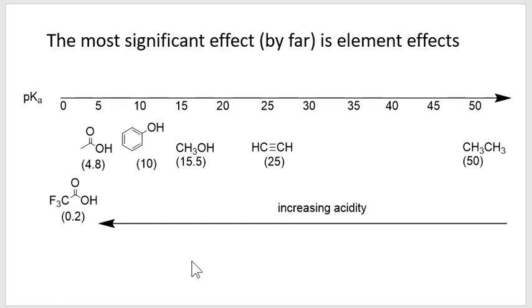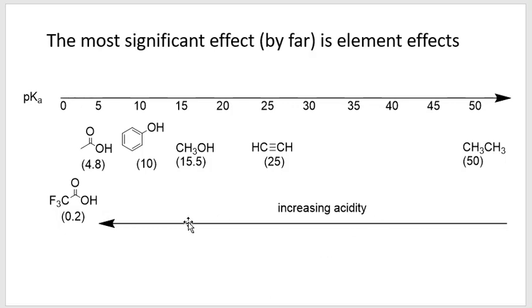If you look at this table, where we have a number line of pKa's, do remember that those are logs. A pKa of 50 is 10 to the 50 times more acidic than something on the other side of the table. So that's a lot.